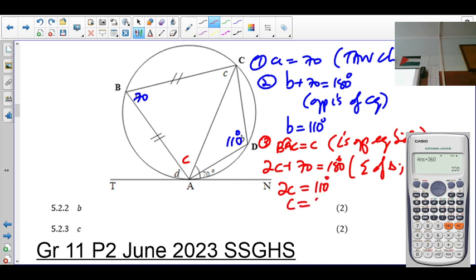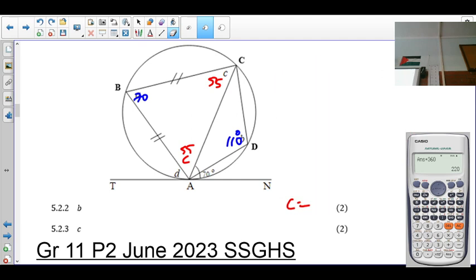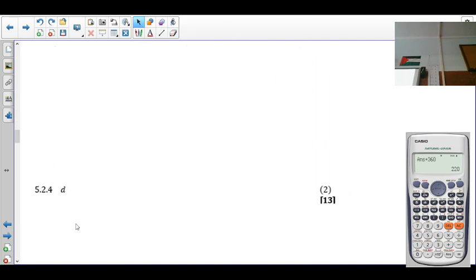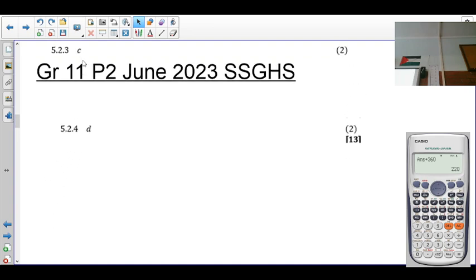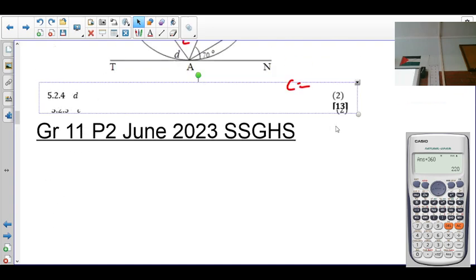So C is 55. 55, correct? Yes, it's 55 then. And that is 55. Okay. I'm going to take this off here so that I have space to write, as I want to keep the diagram in focus. And then I ask you to calculate angle D.